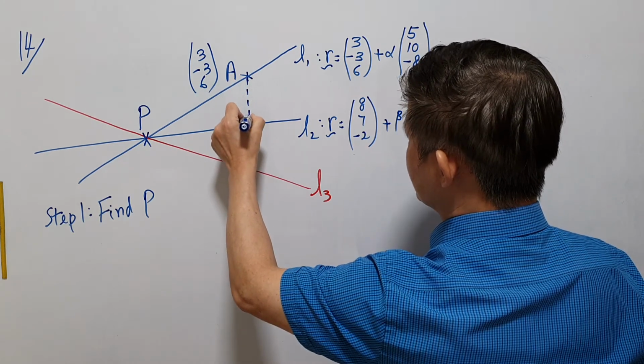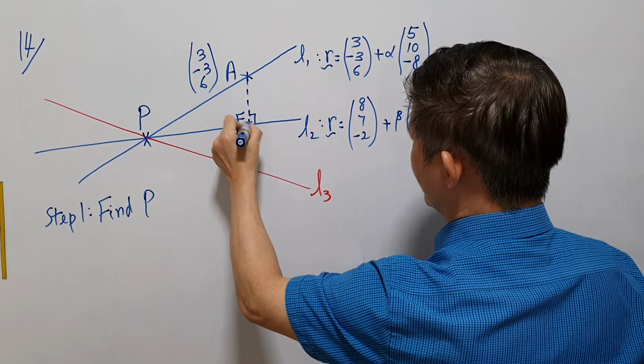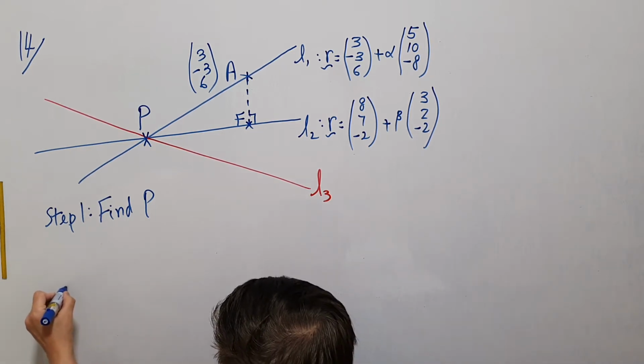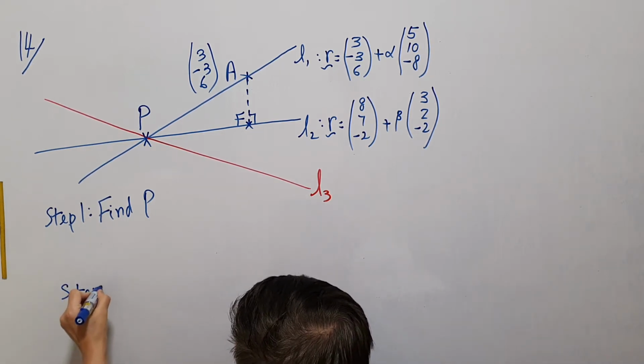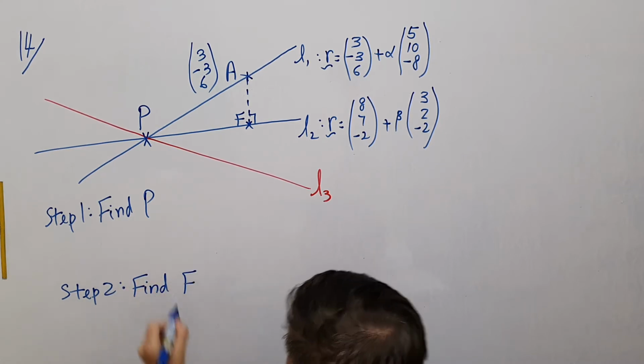So I want to find this. I call this point F. So in my step two, my aim is to find the point F.